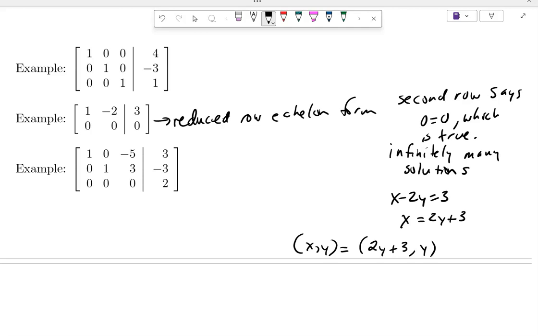Let's look at the last one. Is that in reduced row echelon form? Well, we don't have any rows of zeros, right? Look at that third row. Is the first non-zero entry a 1? No, it's not. So this is not in reduced row echelon form.